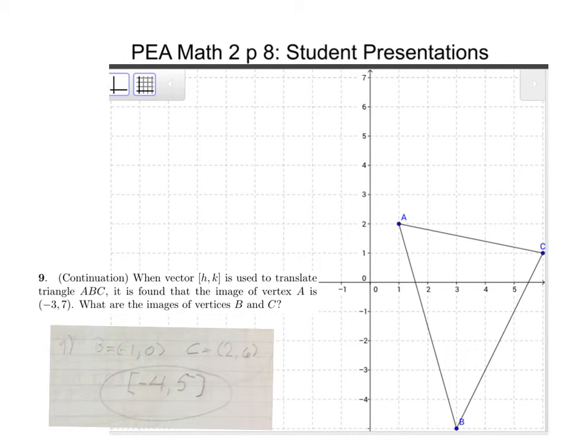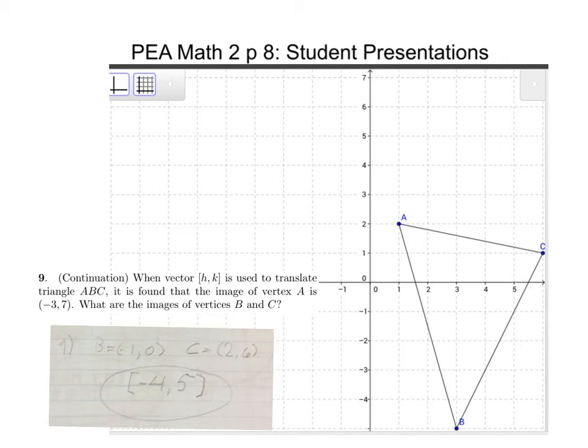Continuation of 8. When vector HK is used to translate triangle ABC, it is found that the image of vertex A is (-3, 7). What are the images of vertices B and C? Well, what I did is, from the original points of A and B and C, you can say, what was the original point of A? 1 and 2.